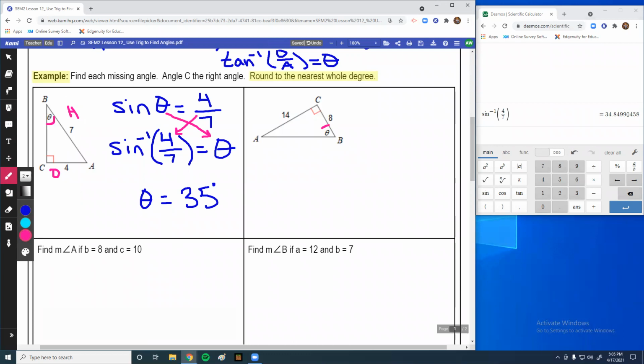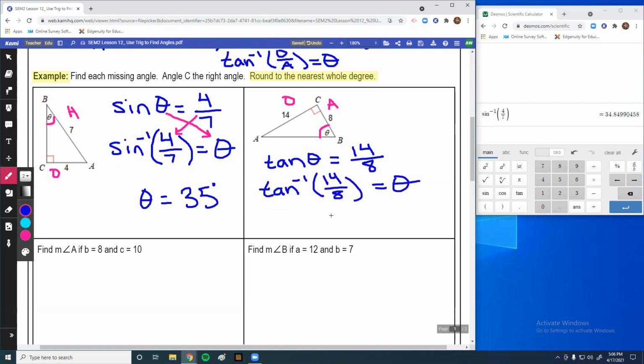All right, our next one. Here is my given angle. We have opposite, we have adjacent. So we're going to be using tangent. So tangent theta is equal to 14/8. Again, don't even worry about simplifying the fraction. Just leave it alone. Do tangent inverse of 14/8 is equal to theta.